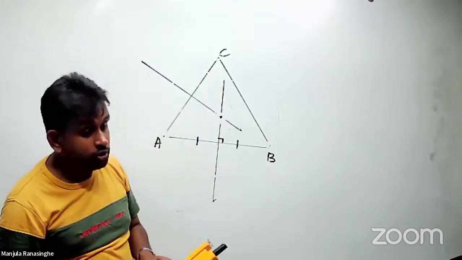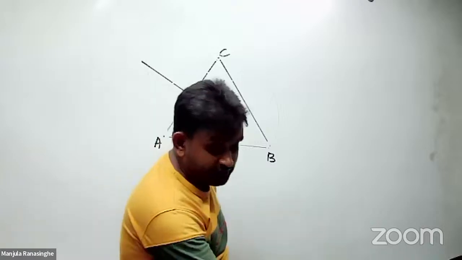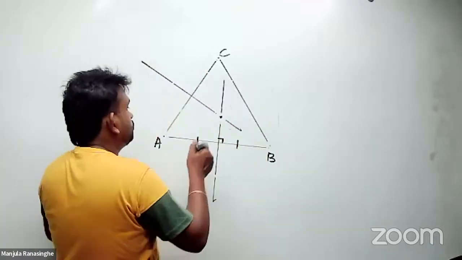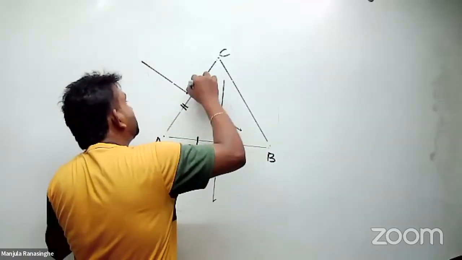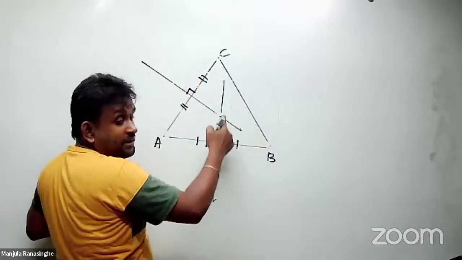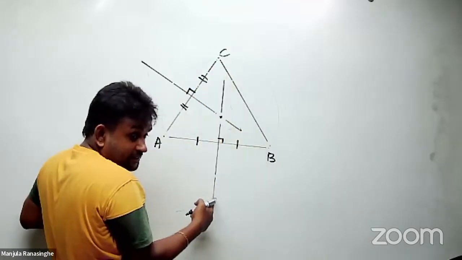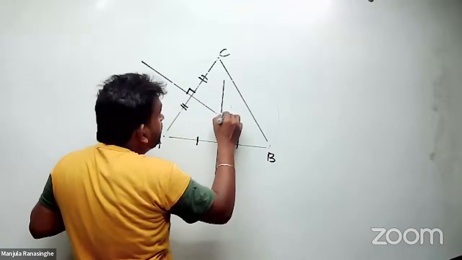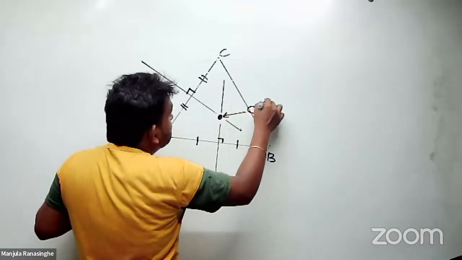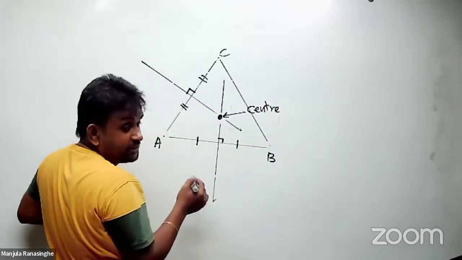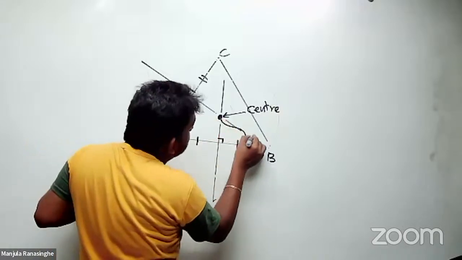Circumcircle. Okay. Anyone clear? So what did we draw here? Two sides' perpendicular bisectors. This side perpendicular bisector, this side perpendicular bisector. Then you found the center of the circumcircle, that is the center. And then the radius is from here to any vertex.